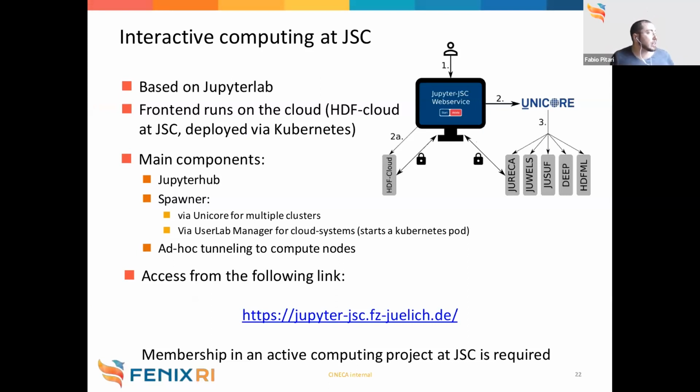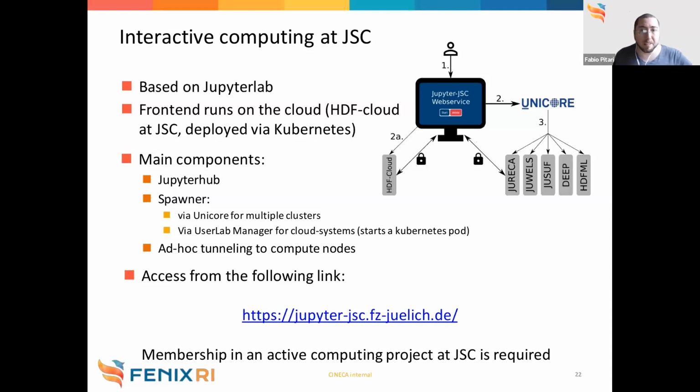And Unicorn is a tool which allows you to spawn the backend part not just on one single cluster, but on different clusters. So basically, the service has a front end, which is the same for every implementation, but the backend part can be running either on JUWELS or on HDFML or any other computational resources which are available at JSC.